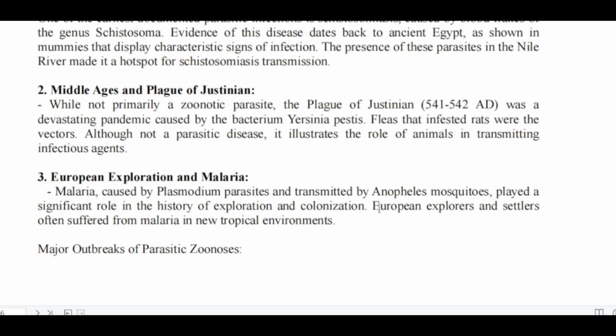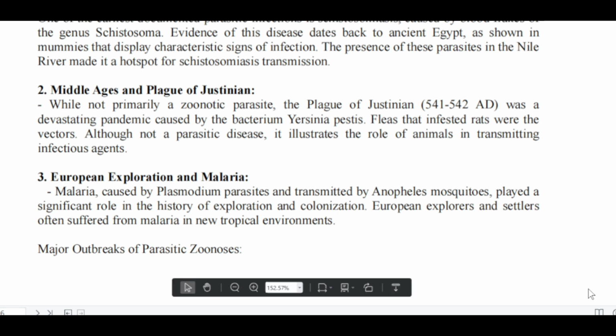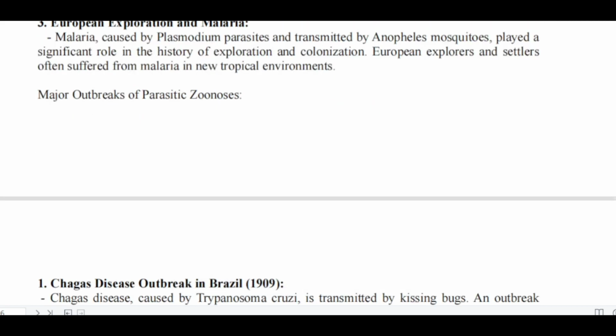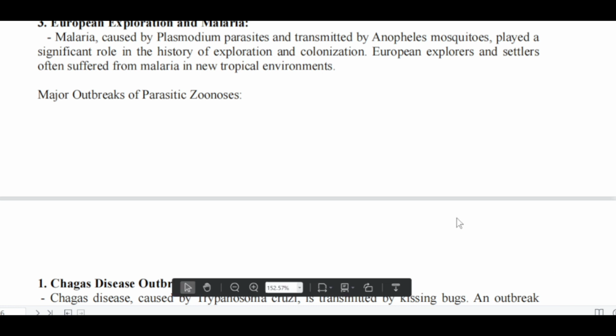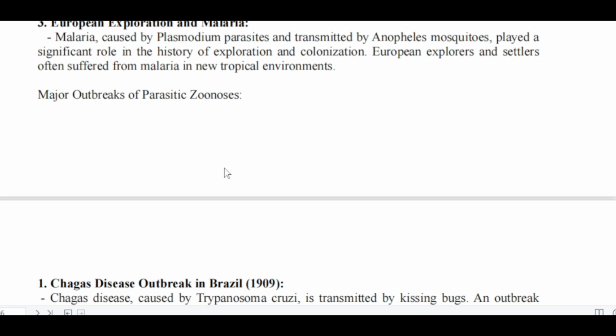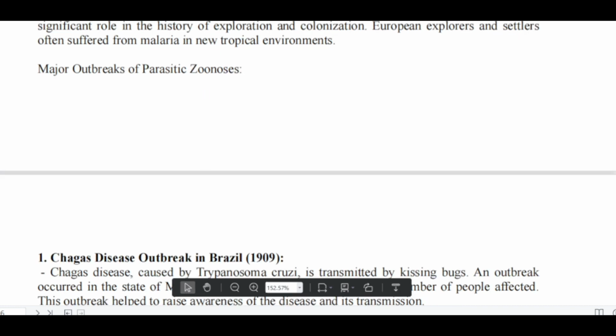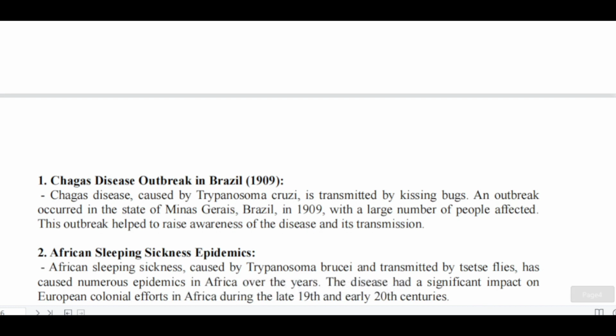European explorers and settlers often suffered from malaria in the new tropical environments, and I was reading about it sometime. It killed a lot of them. It's just that they were so determined. It's the kind of determination that an Oyibo man has, that they were able to scale through that one and even come back for more.